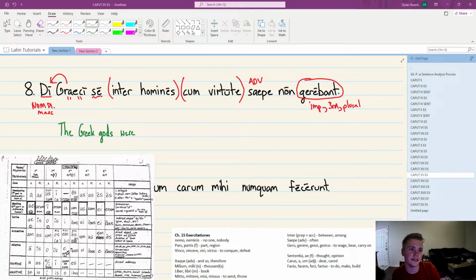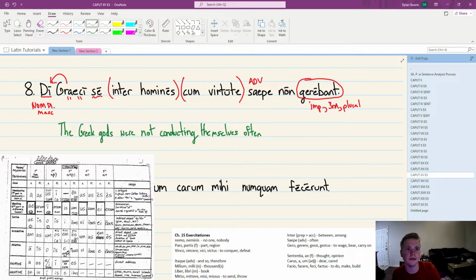It means to conduct oneself. And they were not conducting themselves, themselves coming from se.